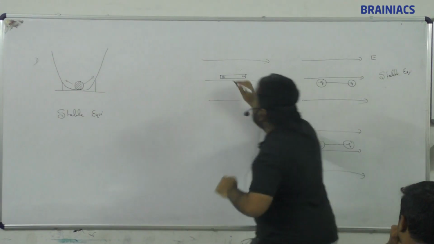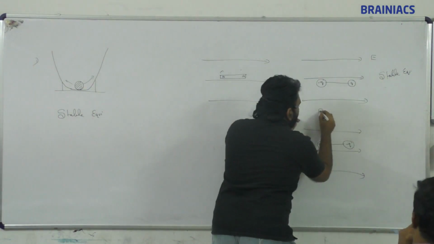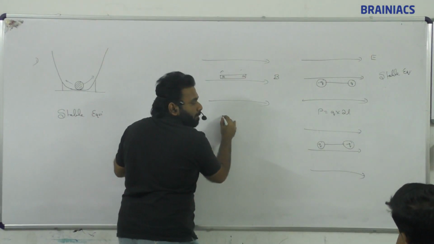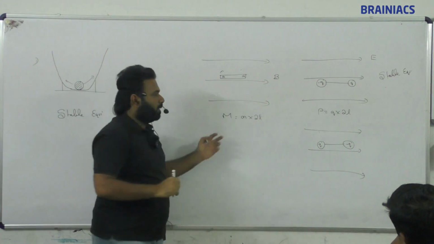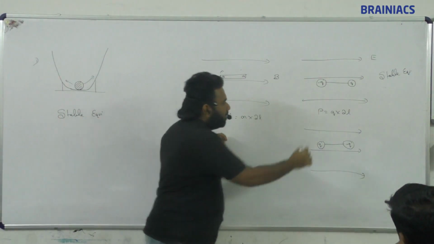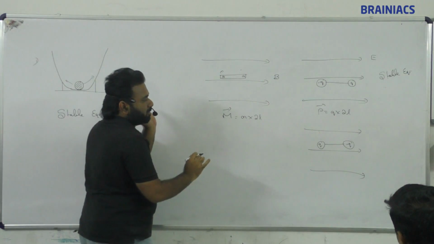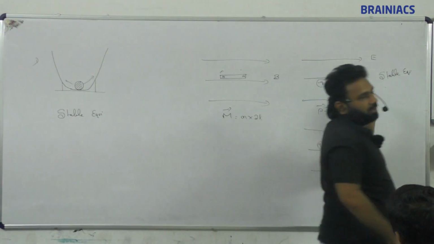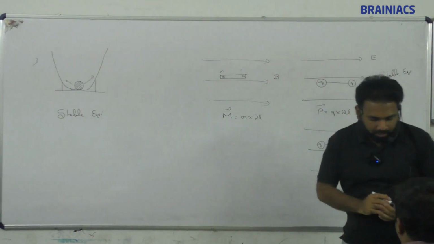Instead of q we will have m, the pole strength. Instead of P equals q into 2L, here we have M equals m into 2L, the magnetic dipole moment, like the electric dipole moment, a vector. Here also it will come back to the same position. This is stable equilibrium. Clear? Okay, fine, understood.